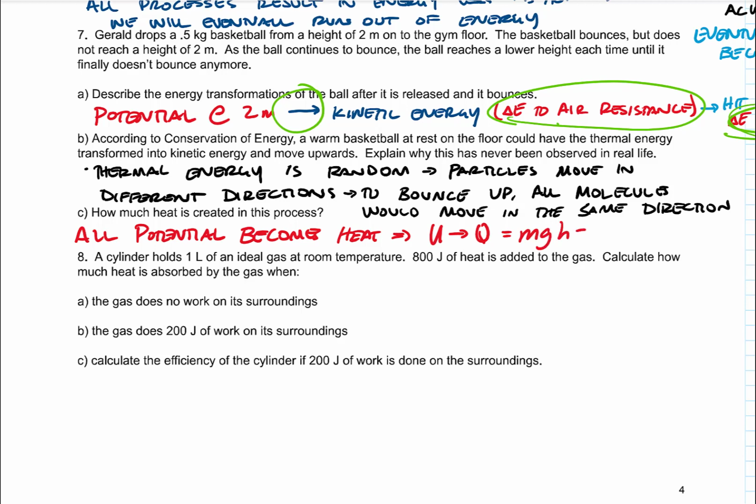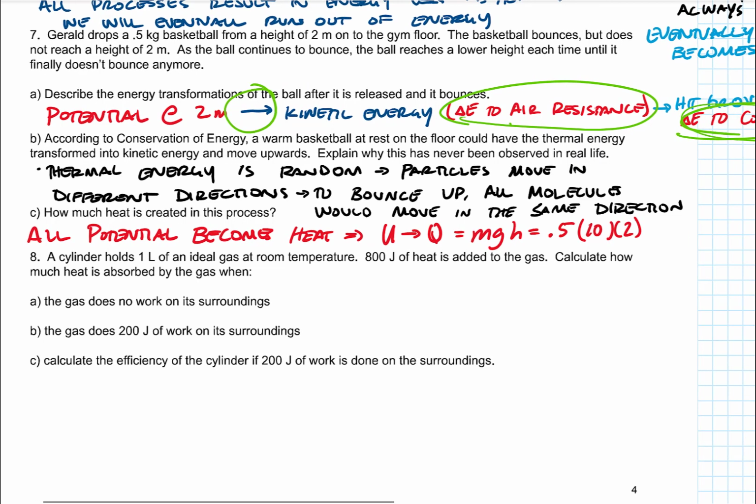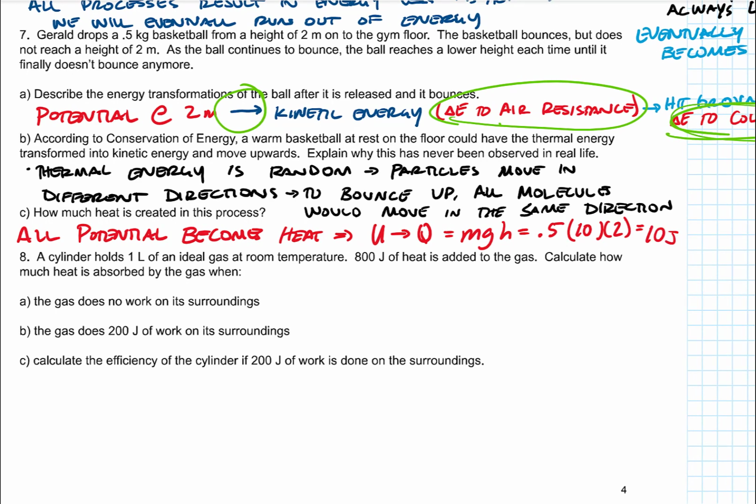So it's going to be that 0.5 kilogram basketball times 10 meters per second squared times 2 meters. So the eventual heat that we get is 10 joules, eventually, after it has stopped bouncing. Now, we'll talk about this later, but that's not a lot of heat energy. Heat energy is a very concentrated form of energy, and that's not a lot of heat energy.